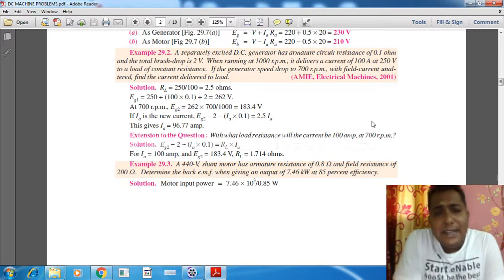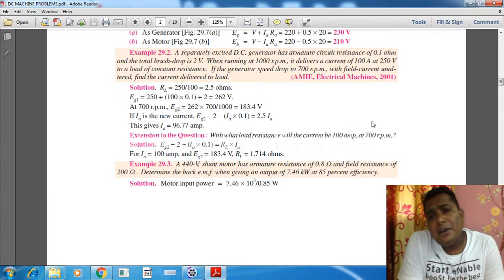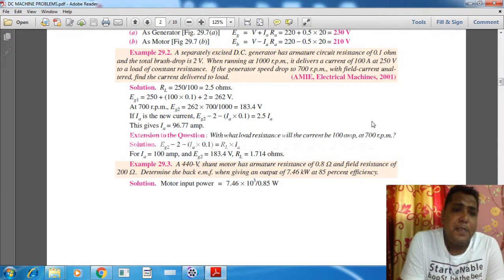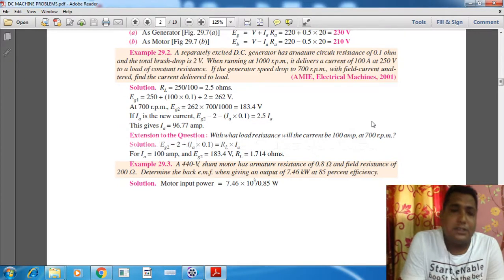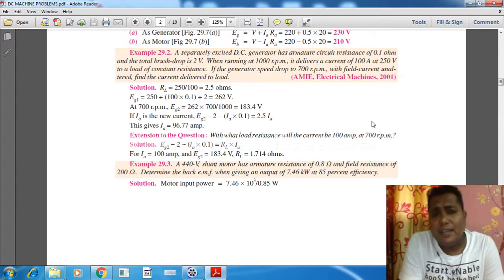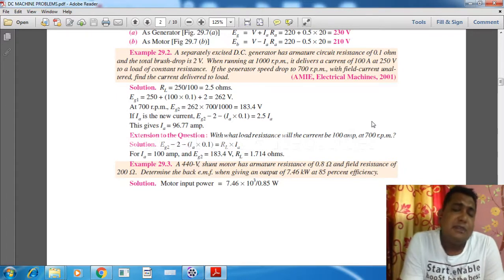That means what it is told, there is a separately excited DC generator which has some armature resistance 0.1 ohm, which has a brush drop, total brush drop is 2 volt. And when this generator is running at 1000 rpm, it is delivering 100 ampere at 250 volt to a load.